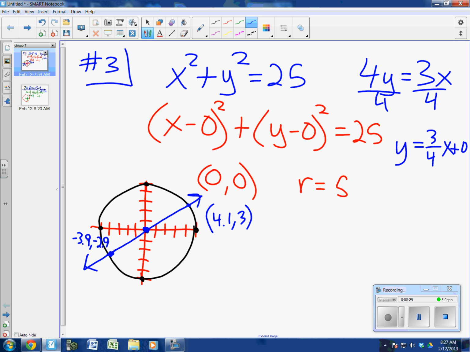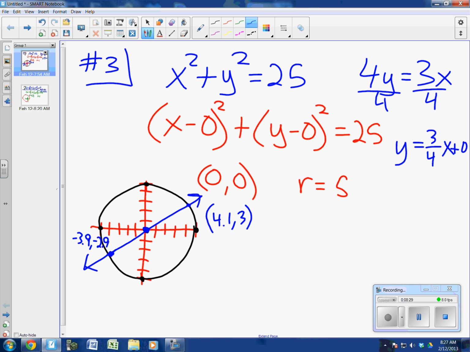Okay. x squared plus 9/16 x squared equals 25. Hey, you guys, on the test I didn't give you a fraction one, although it's not that much more difficult. All I need to do is times both sides of this fraction by what? 16. Okay, the denominator, good.